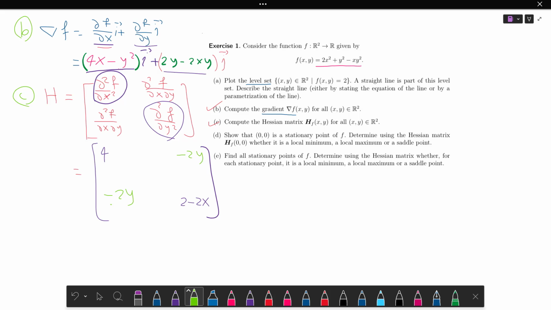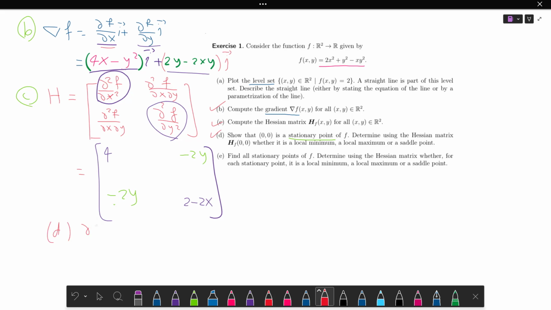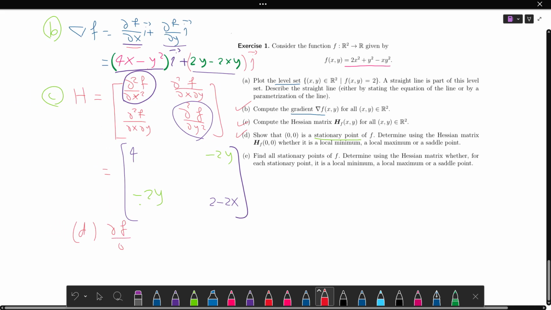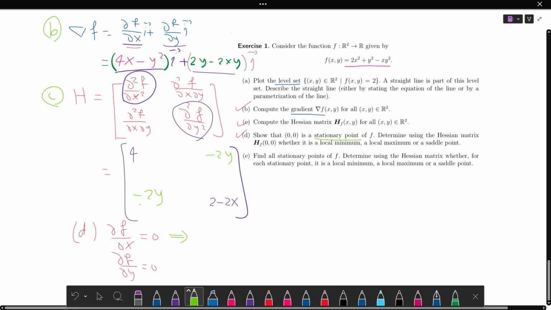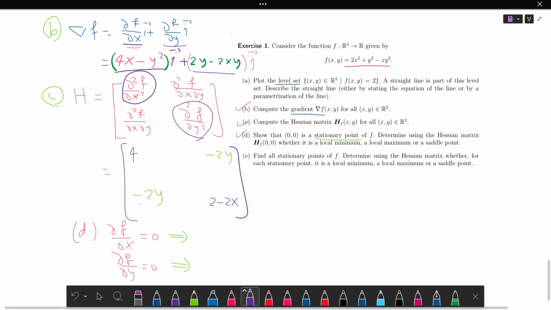What else? Show that 0, 0 is a stationary point. We know what a stationary point means, right? How to find the stationary point? We find partial f by partial x and put it equal to 0, and partial f by partial y equal to 0. What is partial f by partial x? Here it is, right? So 4x minus y square equal to 0. And the second one?